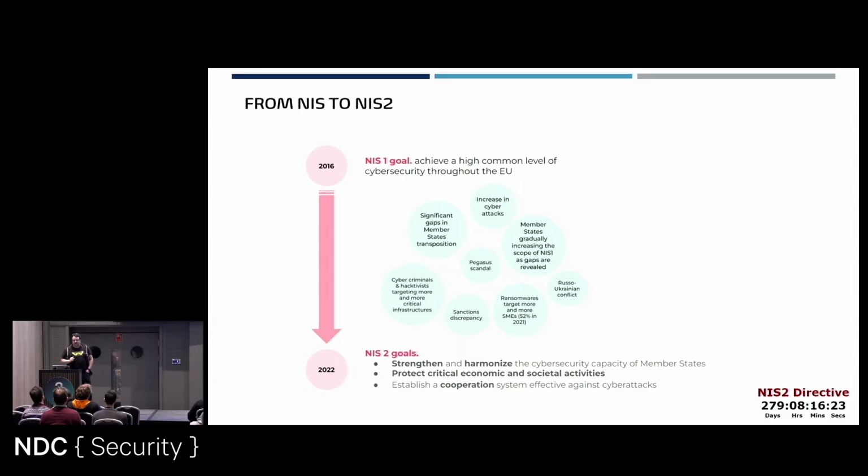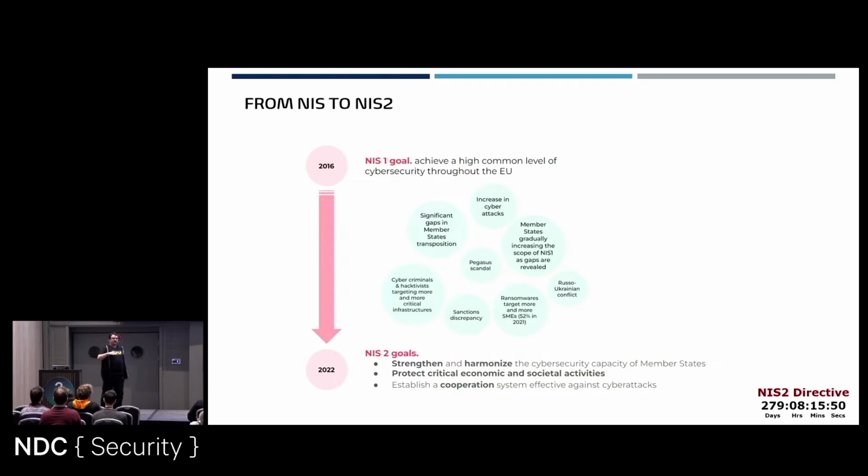So if we are to look at NIS, right now that's what's in effect, right? So this is a directive. Who here knows the difference between a directive and a regulation at the EU level? 5, 6 hands. All right, so a regulation, like GDPR, you've heard of GDPR, right? Whenever it's passed as law, it goes into effect in all the member states of the EU, automatically.